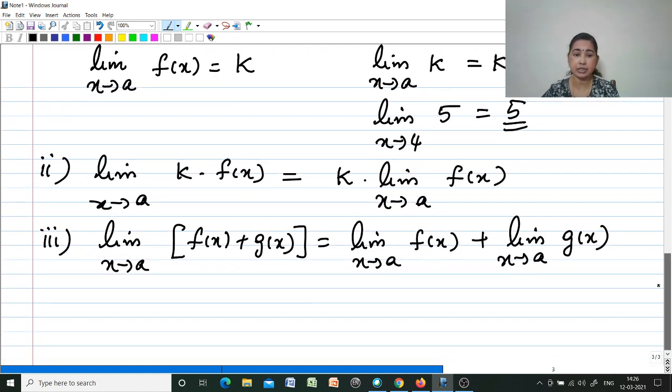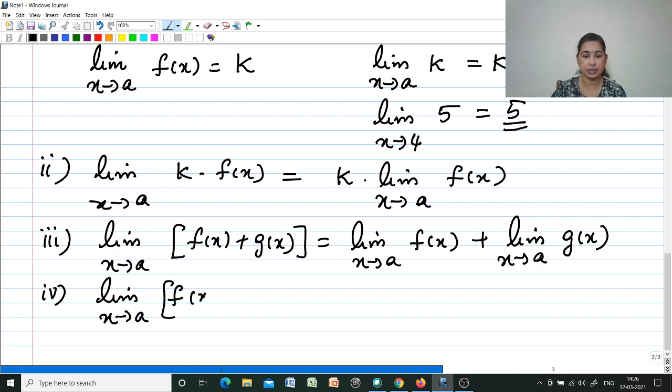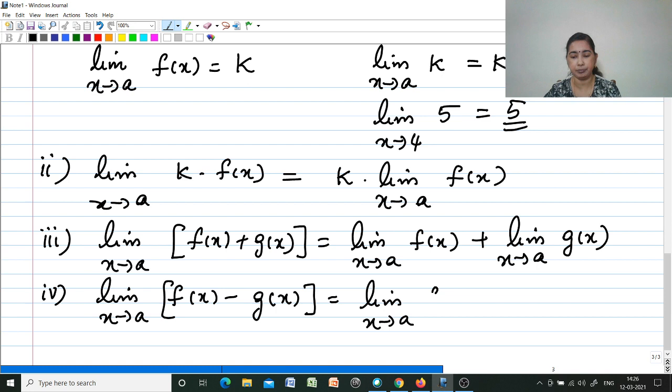In the same way for subtraction, limit x tends to a, f of x minus g of x is equal to limit x tends to a, f of x minus limit x tends to a, g of x. Separately we can apply the limit and then subtract.